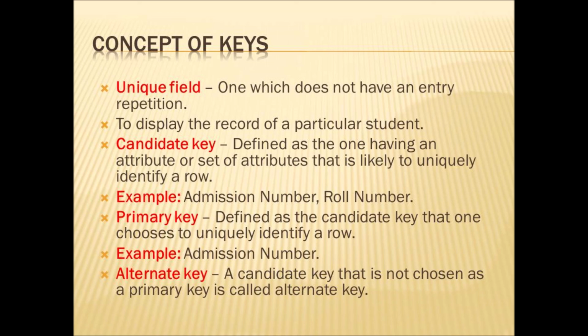These fields can be same to many students, so they cannot be qualified as unique field. So we can select either admission number or roll number as unique field because there won't be any repetition entry in these fields. Both these two fields are called as candidate keys.